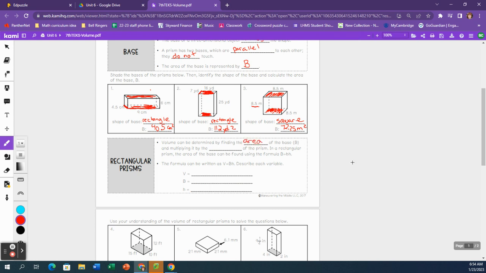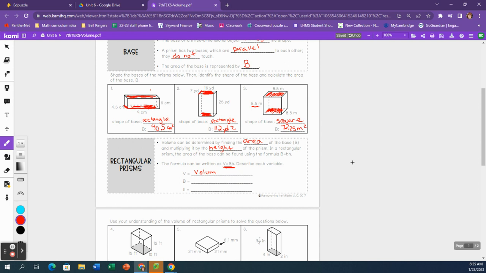Finding volume can be determined by finding the area of the base and multiplying it by the height. Okay, so the formula can be written as volume equals big B times H. V stands for volume. Oh, I spelled that wrong. Oops. There we go.